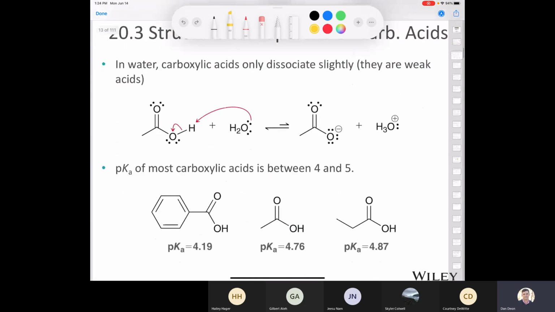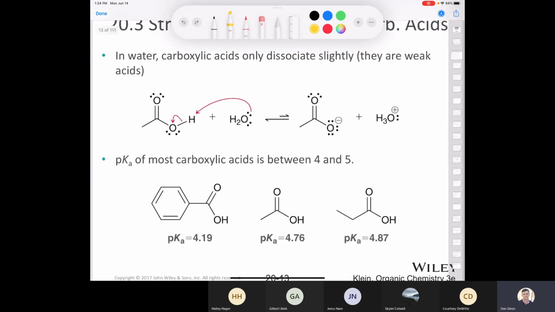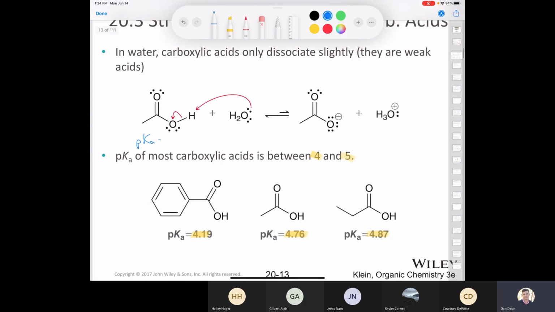Here I just show the pKa's of some common carboxylic acids. Here we have benzoic acid, acetic acid, and propionic acid or propanoic acid. They have, again, pKa's around 4 to 5. So if you take a carboxylic acid and you put it in water, remember the pKa of a carboxylic acid is around 5-ish, and the pKa of hydronium is negative 1.7.